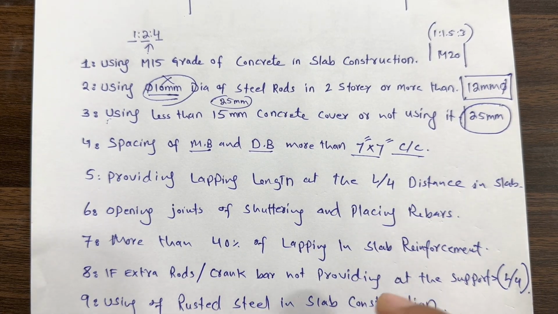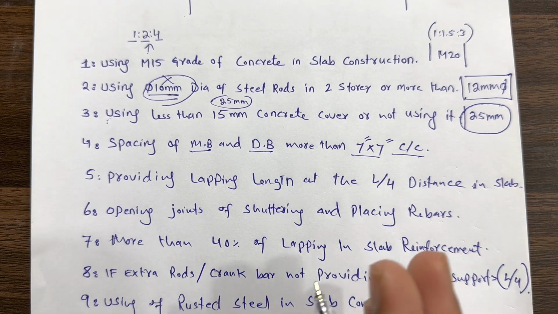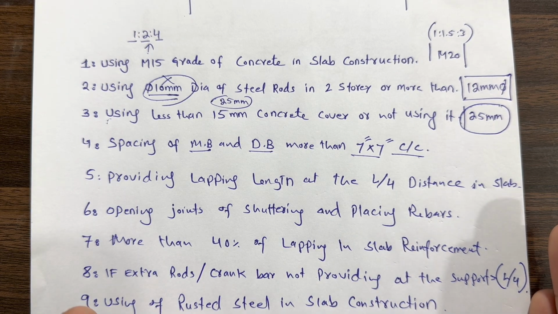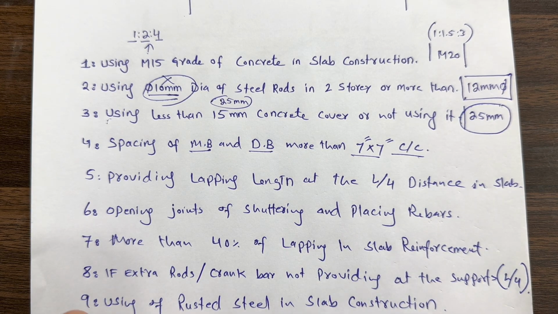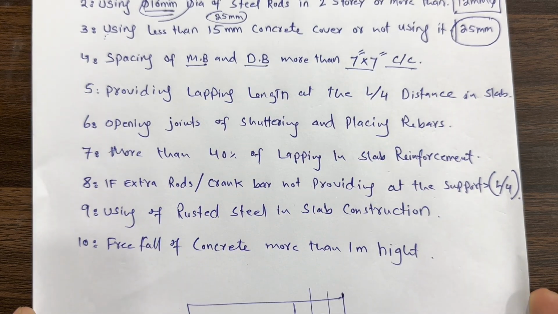So before starting steel reinforcement or placing of rebars, close those joints with the help of plastering tape, okay? If you don't provide plastering tape, it causes bleeding during concrete pouring. So before starting placement of rebars, close the joints of shuttering, okay? This is very important to know.